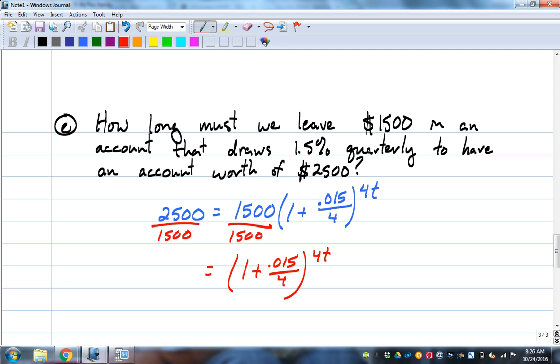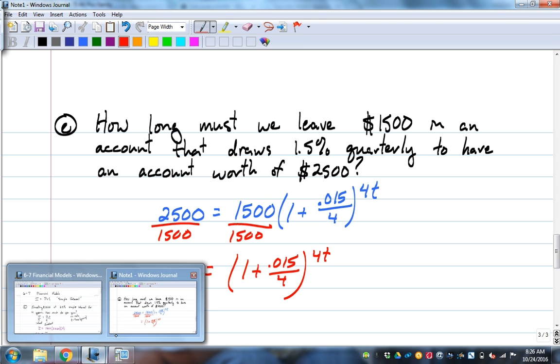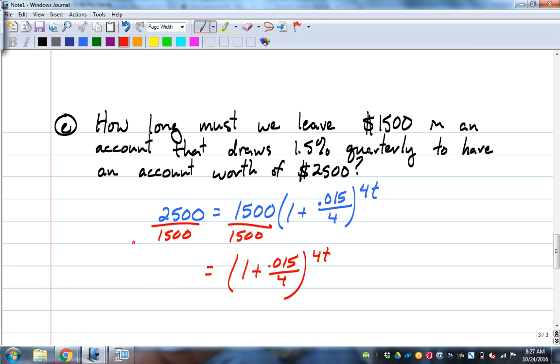2,500 divided by 1,500 is 5 over 3. I'm going to leave it as a fraction because that's a repeating decimal, and I'm trying to avoid that. Okay, and then how do I get that variable out of the exponent? What's legal to let me do that? That's right, I need to move it to the front, but how?